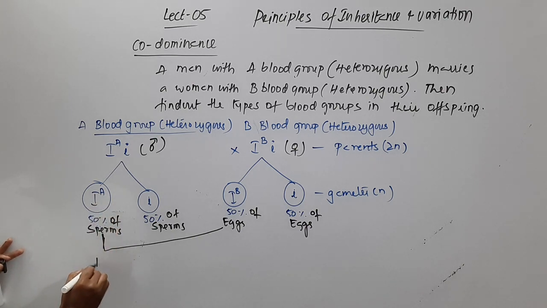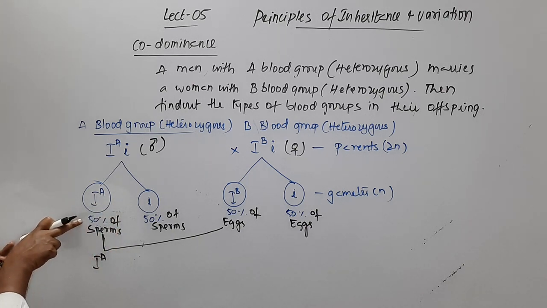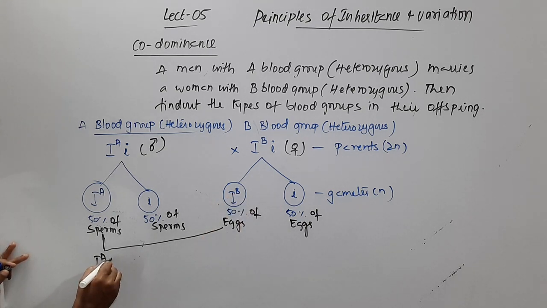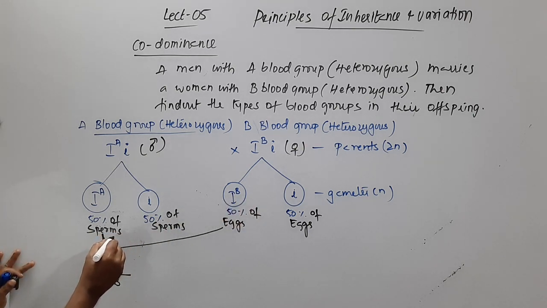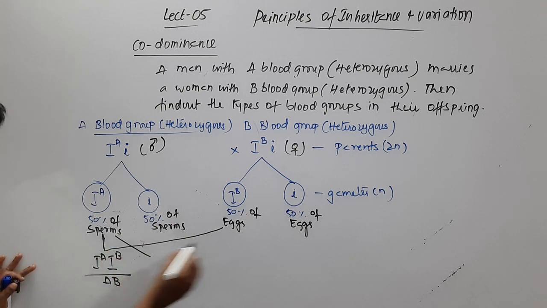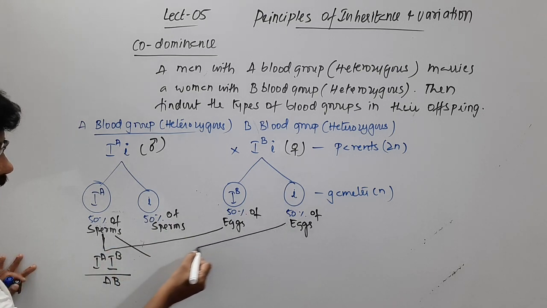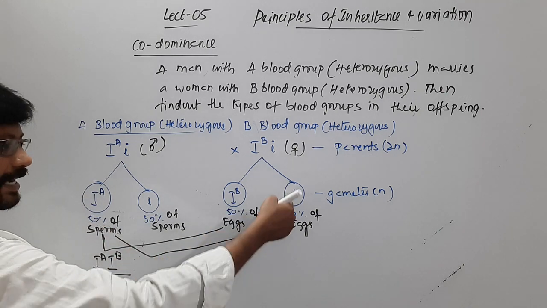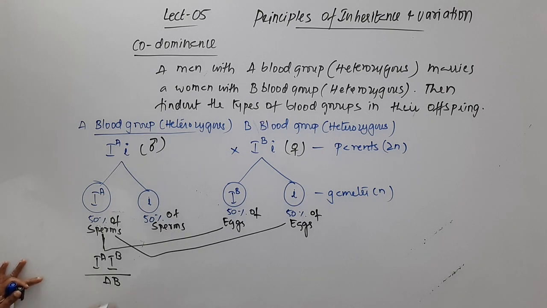So here, if the sperm having IA fertilizes the egg having IB, then it will be IA IB and the born baby will have AB blood group. If the sperm having IA comes in contact with the egg having small i, then it will be IA small i.